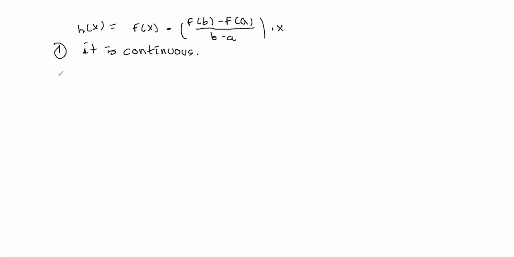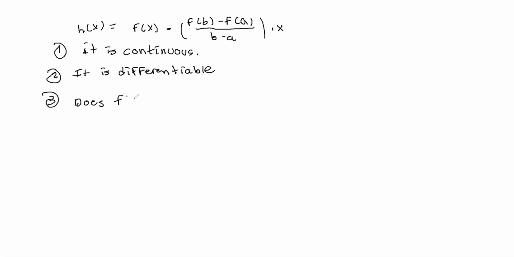So it is continuous. It is also differentiable. Again, f of x is assumed to be differentiable, and any linear function is differentiable as well. And then the sum or difference of any two differentiable functions is also differentiable. We can assume that.